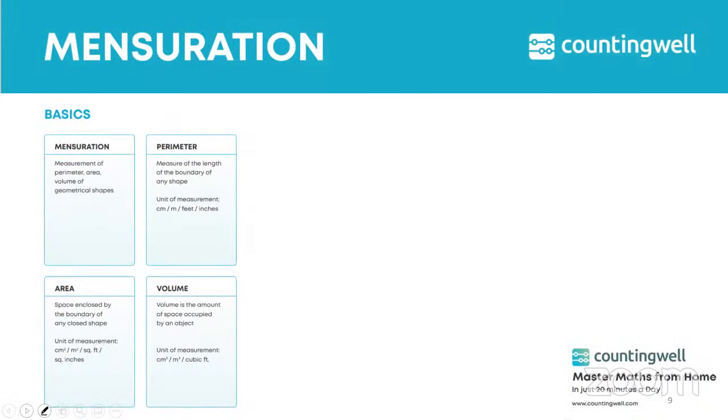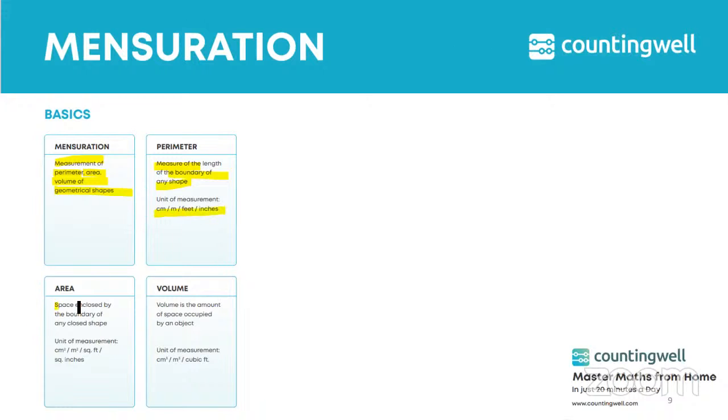Let us see some basics from the chapter mensuration. Mensuration is nothing but the field of study which deals with the measurement of perimeter, area, volume of geometric shapes. Perimeter is nothing but measure of the length of the boundary of any shape, and units are centimeter, meter, feet or inches.